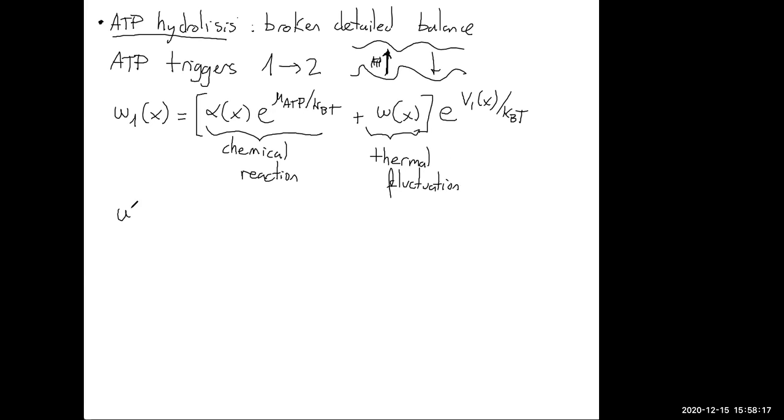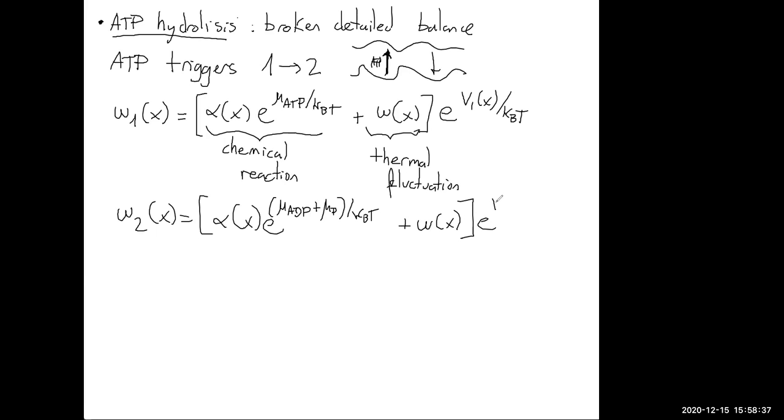Omega 2, we take it similarly, like this, alpha x, and now we put the reverse reaction: e to the mu ADP plus mu P divided by kBT, plus omega x times e to the V2x divided by kBT. Again, this is from the chemical reaction, this is from thermal fluctuation. Let me just try to be brief.